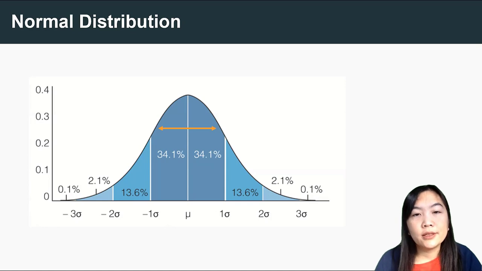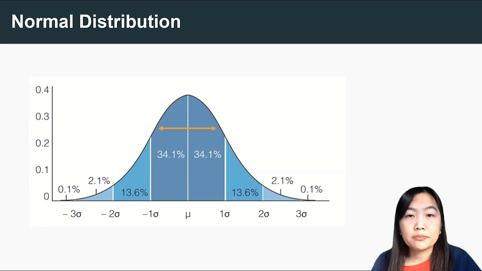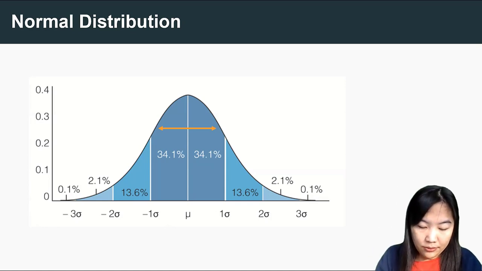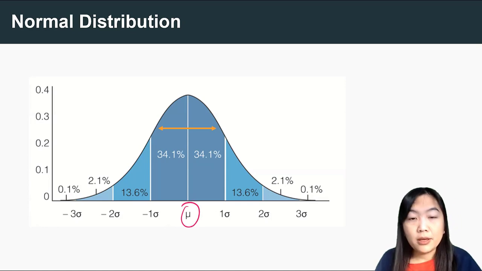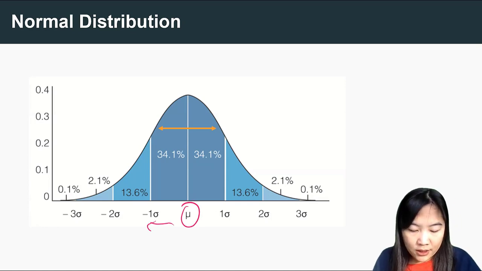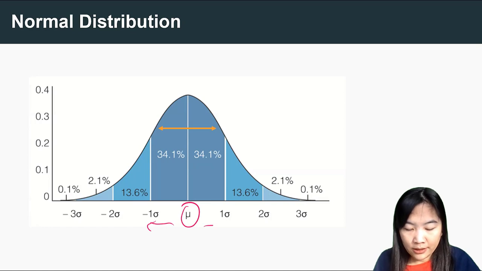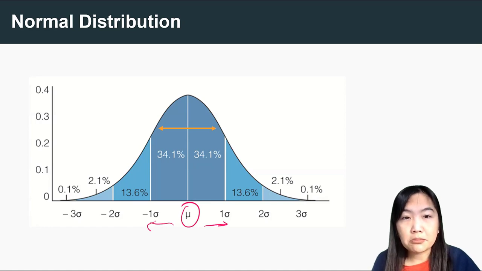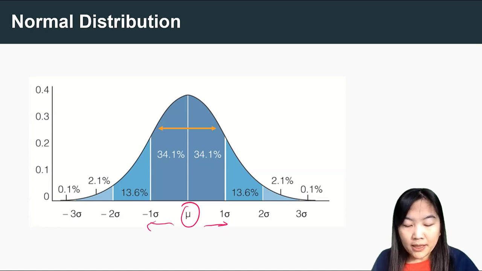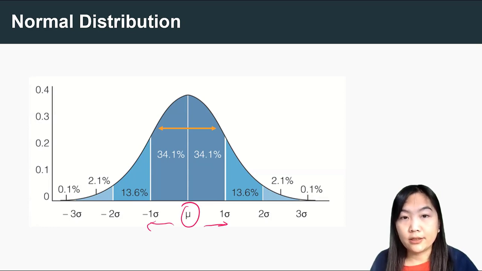First, again, here is the normal distribution PDF. And we know in the middle it's mu, and then to the left is 1 sigma, and to the right is also 1 sigma. So those are the mean and the standard deviation.